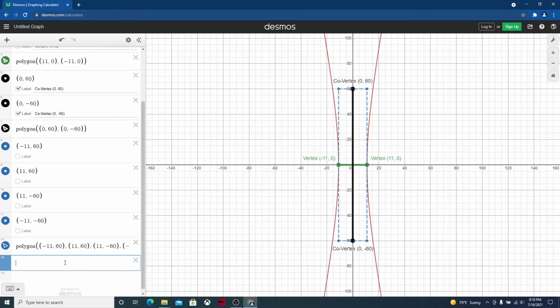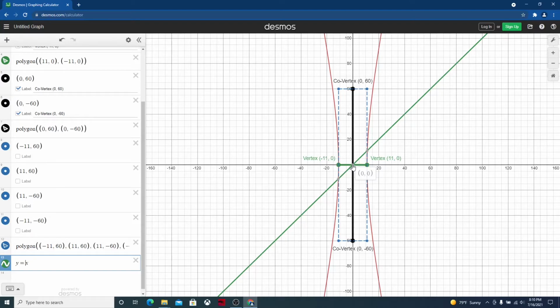The next thing that we're going to do is plot the two asymptotes. The equations of lines look like this: y equals x. Now that's not the line we want, of course. We're going to put a fraction in front of x. To get the fraction that we're going to put as a coefficient in front of x, think of it this way.